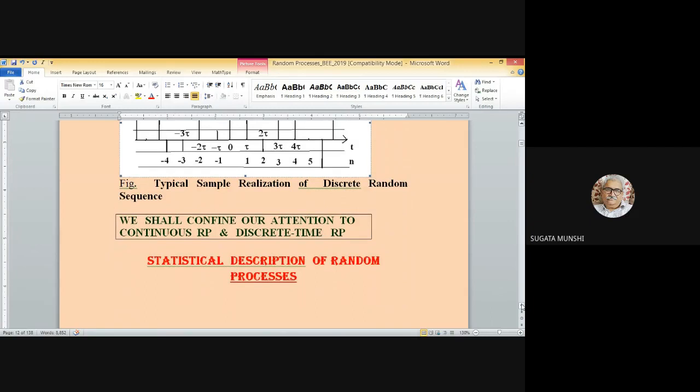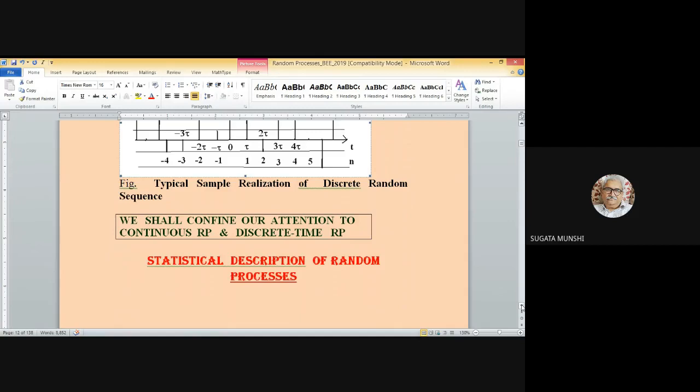Therefore, we move on to the statistical description of random processes. We'll start with the first order statistics involving a single random variable. That means freezing our attention to a particular instant of time. Then we will consider the second order statistics, the joint statistical properties, when we will consider two instants of time.